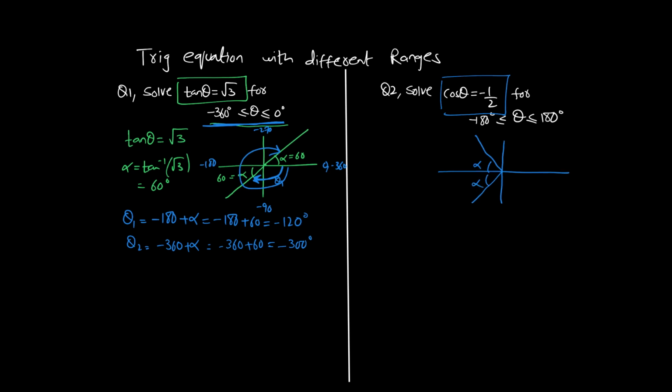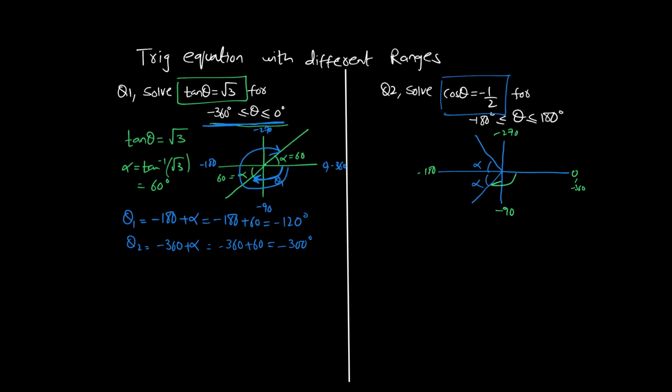So you want to find angles from minus 180 to 180. So this is 0, this is minus 90, this is minus 180, this is minus 270 and minus 360 if you are going in clockwise direction for the negative angles.